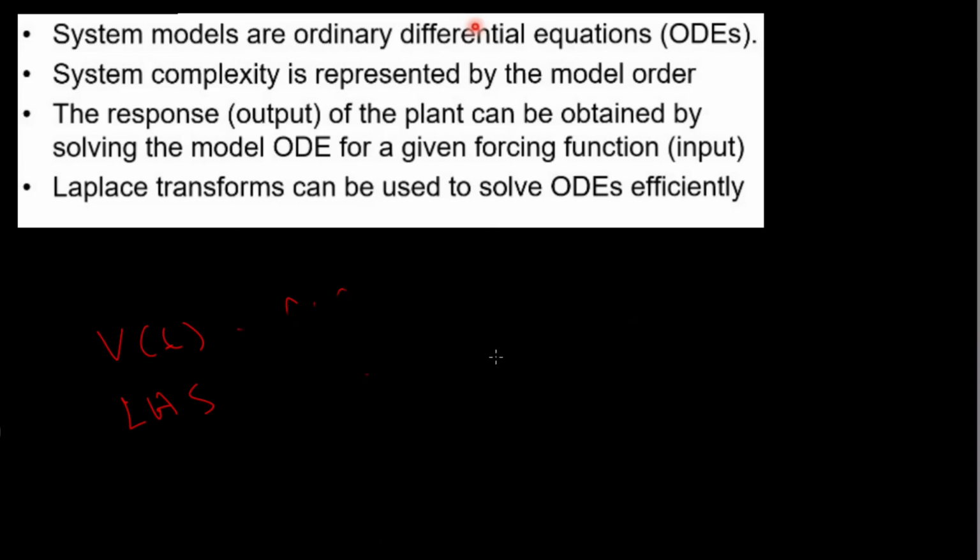It's easier with Laplace. There will be a bit of challenge. Most of you know this. First order is actually easier than second order, which is easier than third order. So the level of difficulty increases as you go, and eventually it might even become impossible, and you might need to use MATLAB.